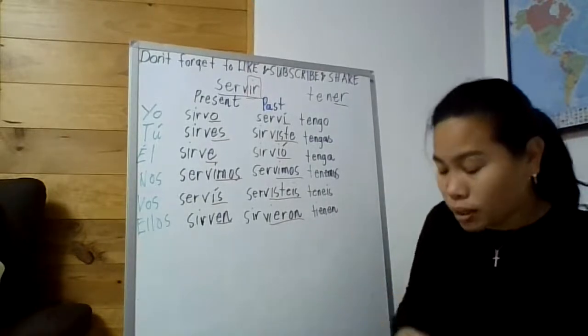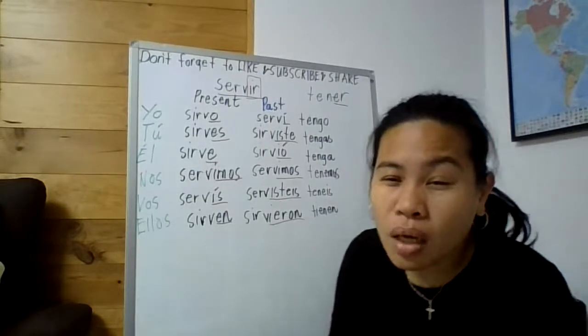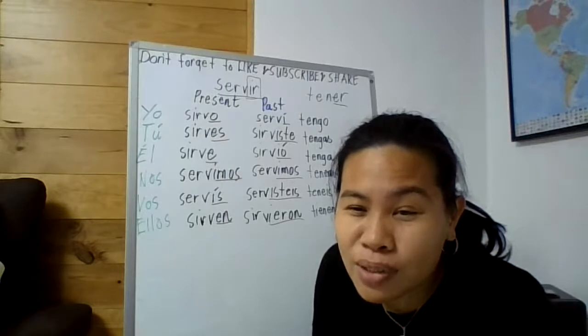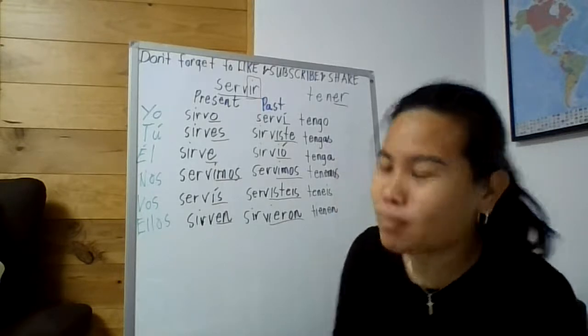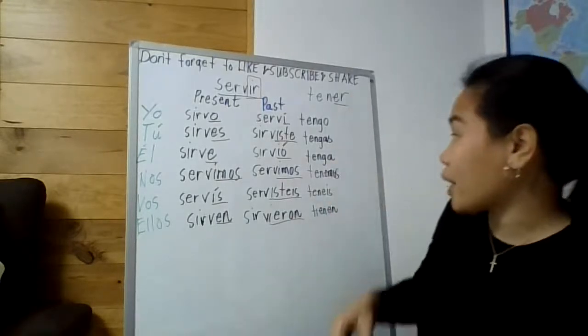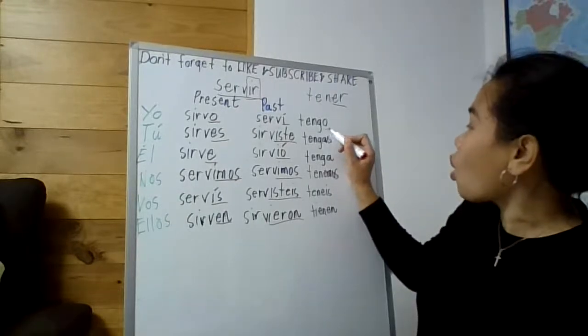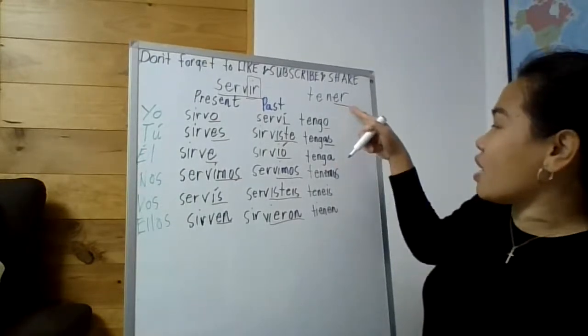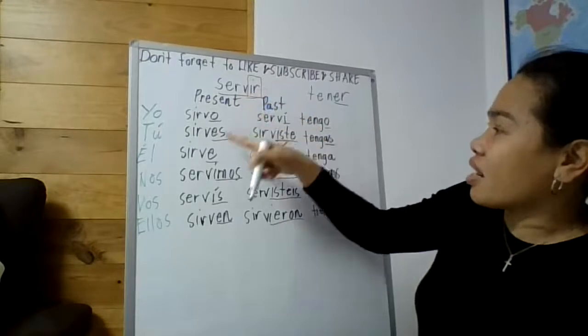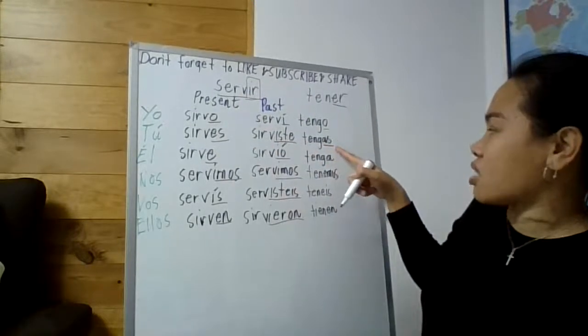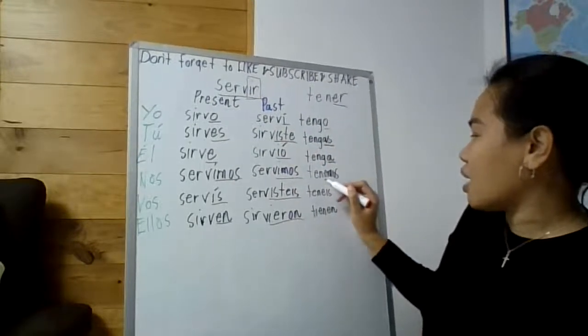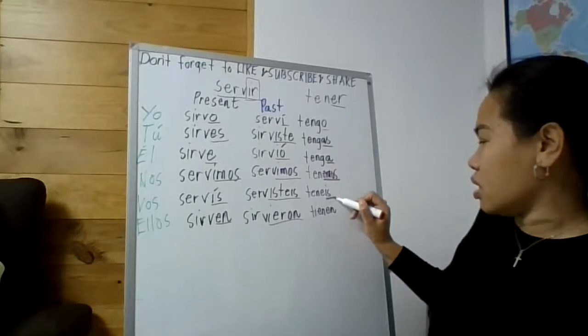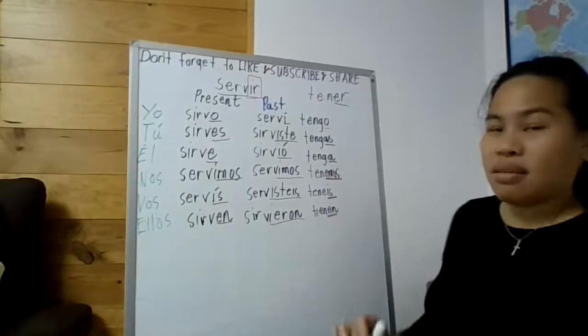So, look at the pattern. Tengo, tienes, tiene, tenemos, tenéis y tienen. Muy bien, Rob. So, look at the pattern. O, es, e, emos, éis, and en, el verbo ER.